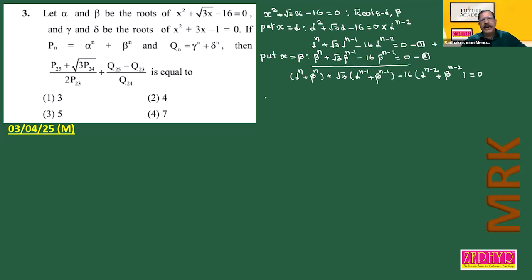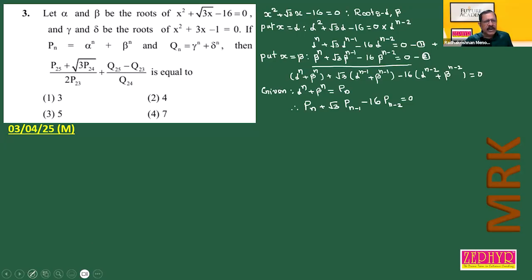Given alpha raised to n plus beta raised to n is equal to Pn, therefore, Pn plus root 3 into Pn minus 1 minus 16 into Pn minus 2 equal to 0.